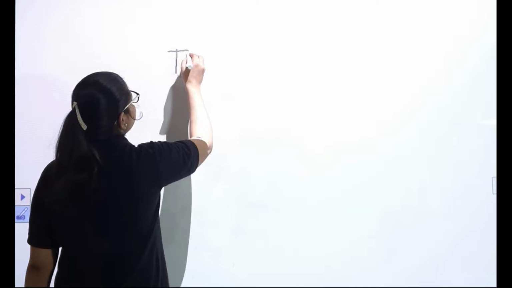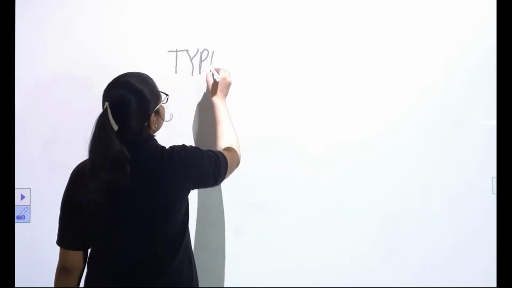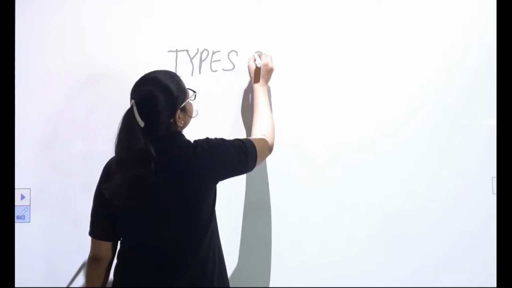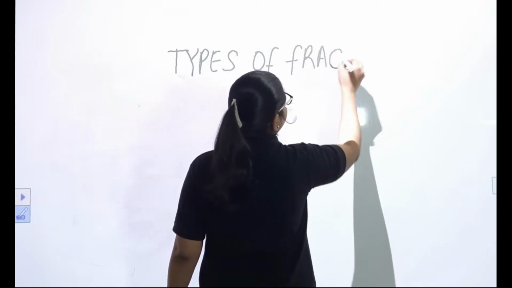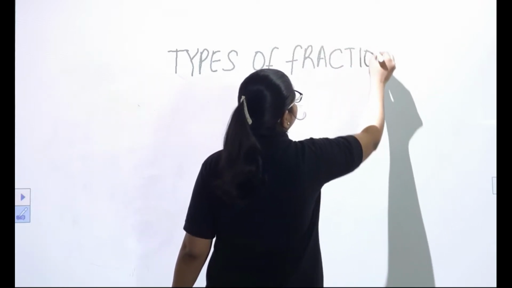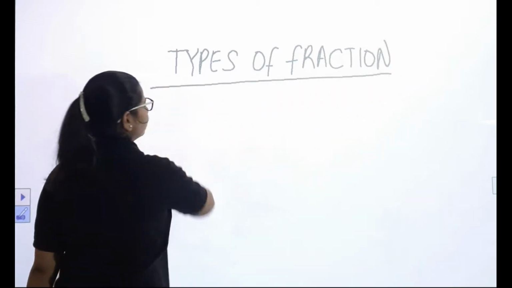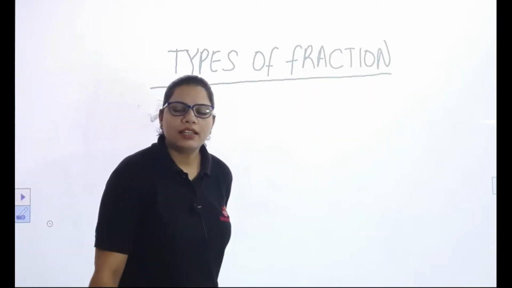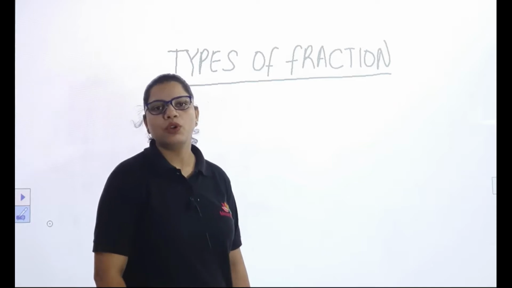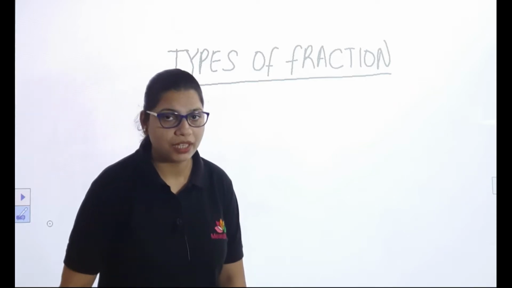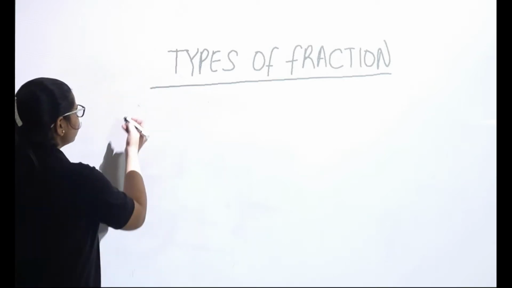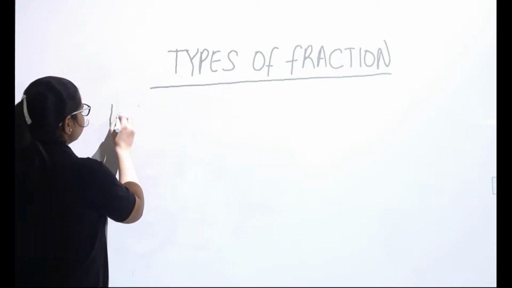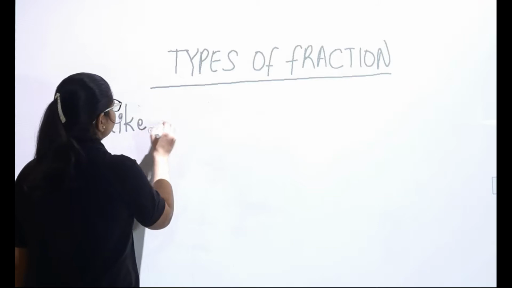So we're going to discuss types of fractions. The numerator and denominator play a very important role when we discuss types of fractions. Let's say for example, the first type of fractions are like fractions.